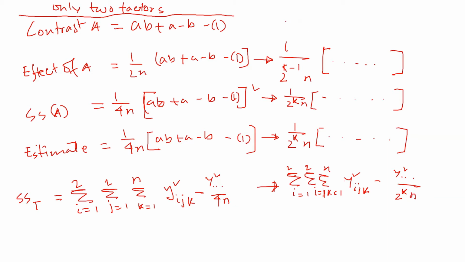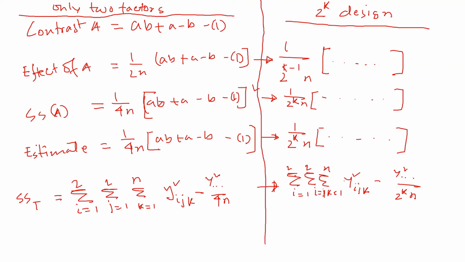So this will work for any factor level. I would say for a 2 to the power k design this will work, but the left side only works for a 2 to the power 2 design. These formulas with 4n cannot be generalized for more than 2 variables. You could generalize using this k, so now everything else will work fine.